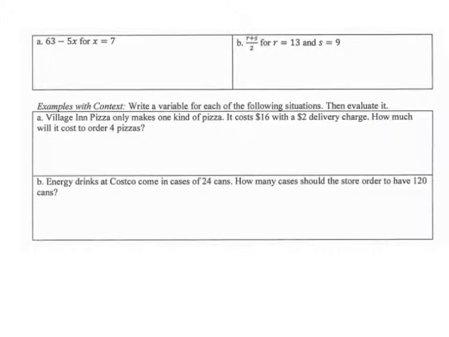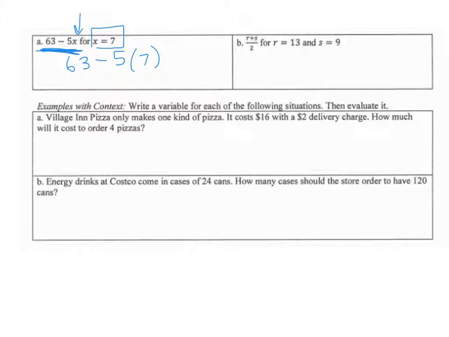Okay, so the first example says evaluate when x is 7. Whenever we see an x, we need to put a 7 in. So it's 63 minus 5, but now I'm going to put a 7 in because that was x. So I put 7 in parentheses.